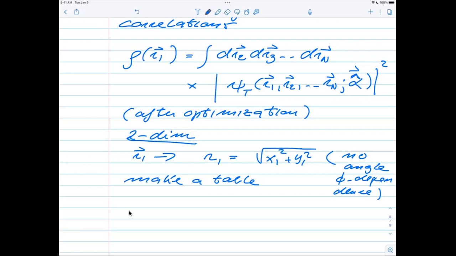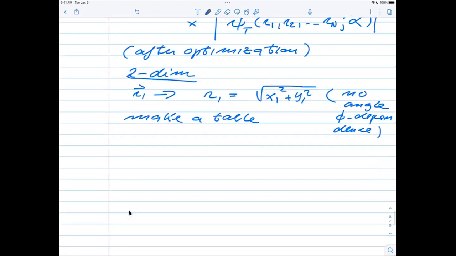And in 2 dimensions, this gives us a factor of 2 times pi. If we are in 3 dimensions, this gives us a factor of 4 times pi. I guess you're familiar with these kinds of expressions. So what we would make then is a table. So we are setting up a grid with values x1 and y1.